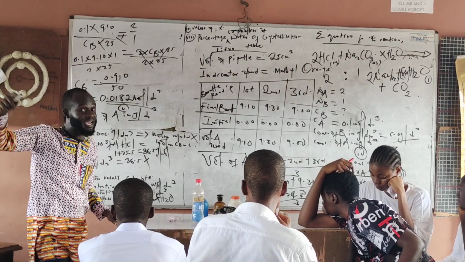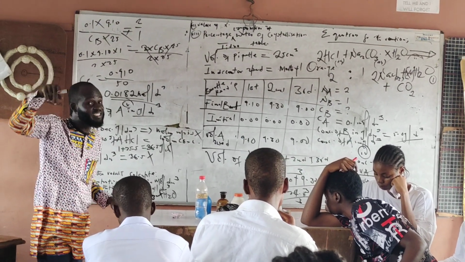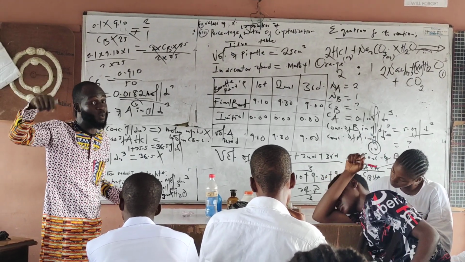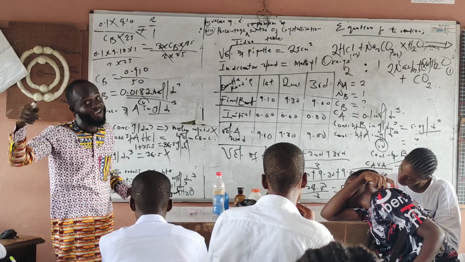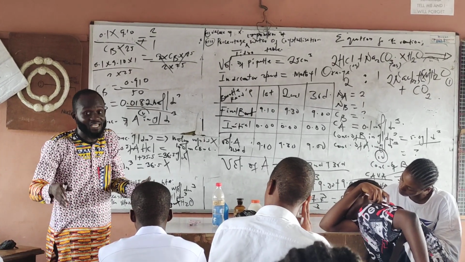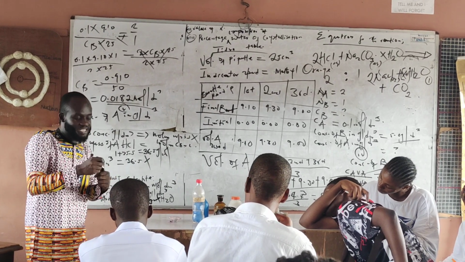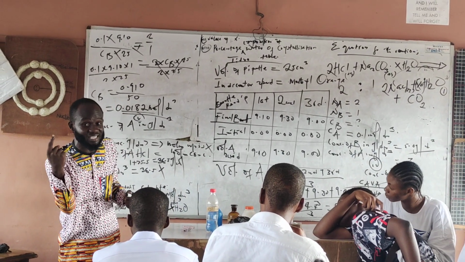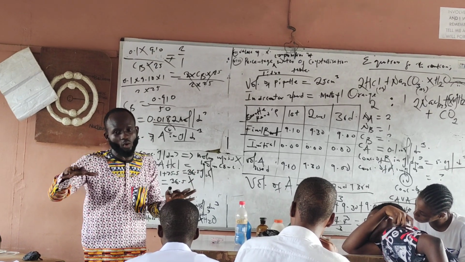Given in the question, they said solution A is a solution containing 0.1 mole per dm cube of hydrochloric acid. That 0.1 is the concentration in mole per dm cube. That is the amount of that salt in mole contained in 1000 centimeter cube. This is a standard solution.